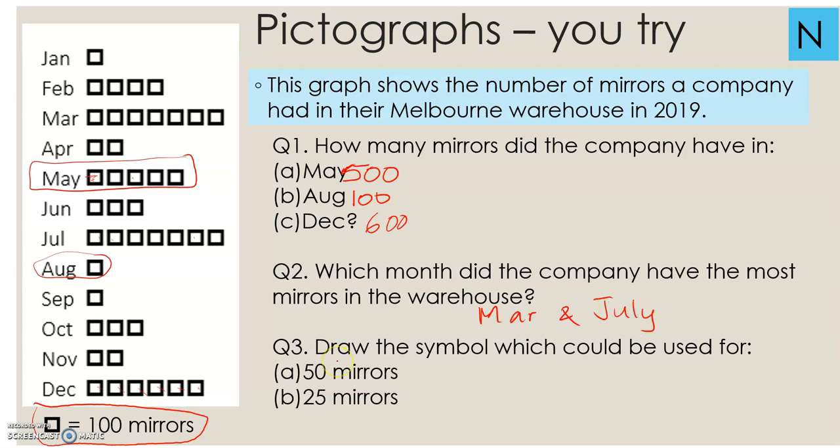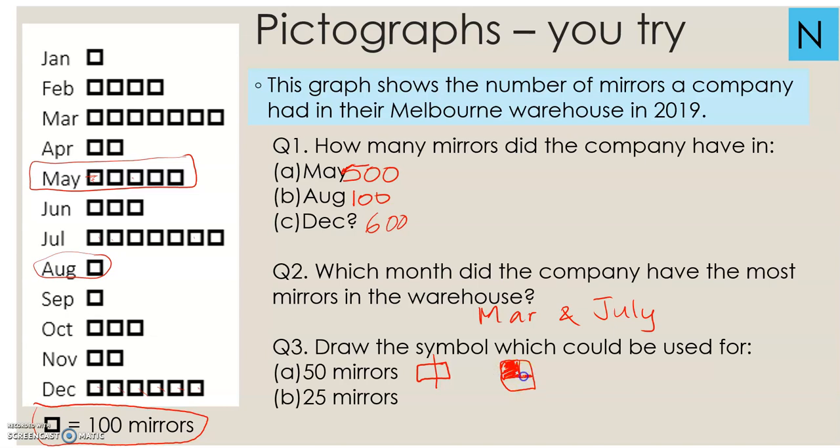And the last question, draw the symbol which could be used for 50 mirrors. So if that is 100, then half of that, so I would say that, and so maybe you could even something like that.